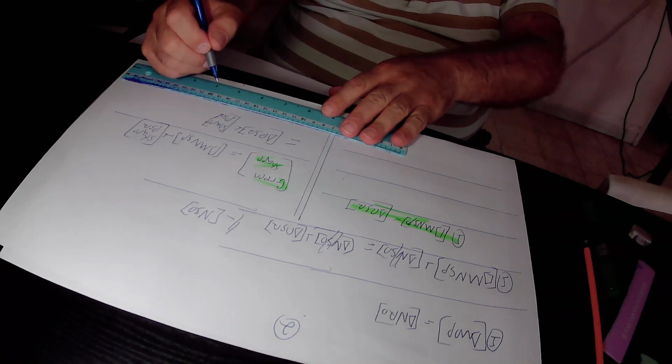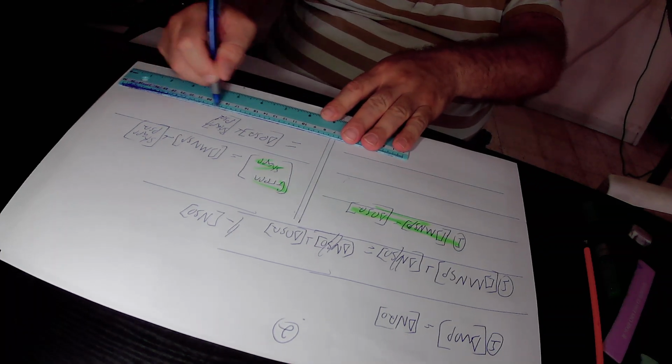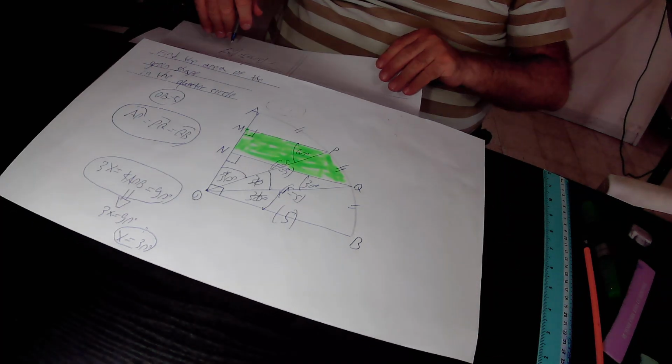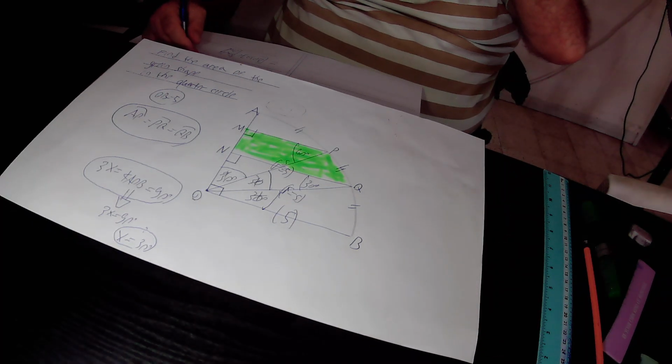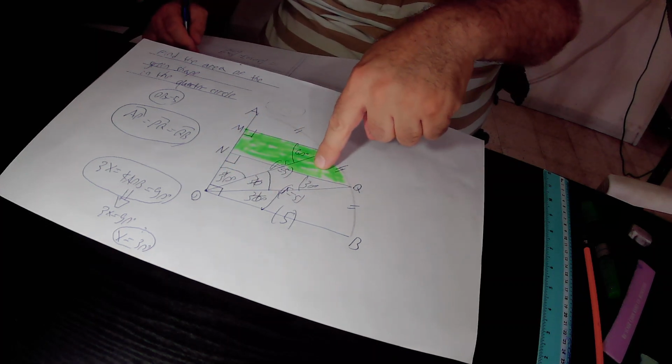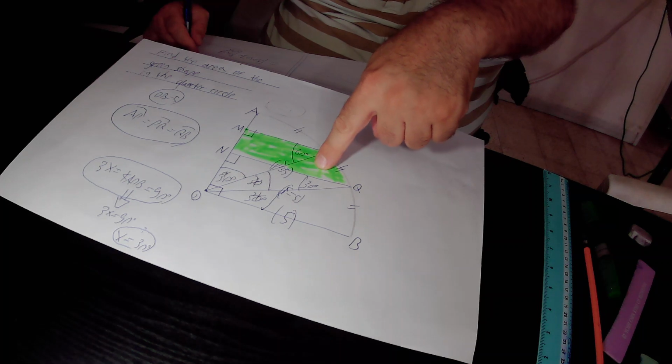So actually I found out that the area of the green shape equals the area of triangle OSQ plus the area of this small shape PSQ.